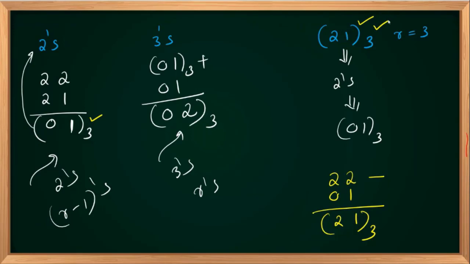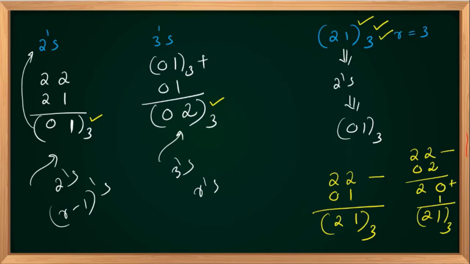Similarly, if you are taking the 3's complement twice, you should take the 2's complement first of this result, 0, 2. 2 minus 2 is 0. 2 minus 0 is 2. To get the 3's complement, you should add a 1. So 2, 1, base 3, the same as this number.